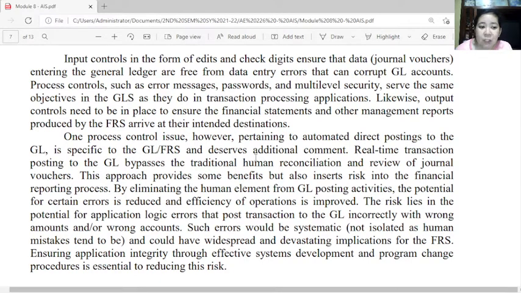So ensuring application integrity through effective systems development and program change procedures is very essential to reduce these types of risk. But the management should make sure that at least in an automated system, they should also require human intervention, okay, to provide an audit trail and to avoid these potential risks. So those are for our general ledger systems.